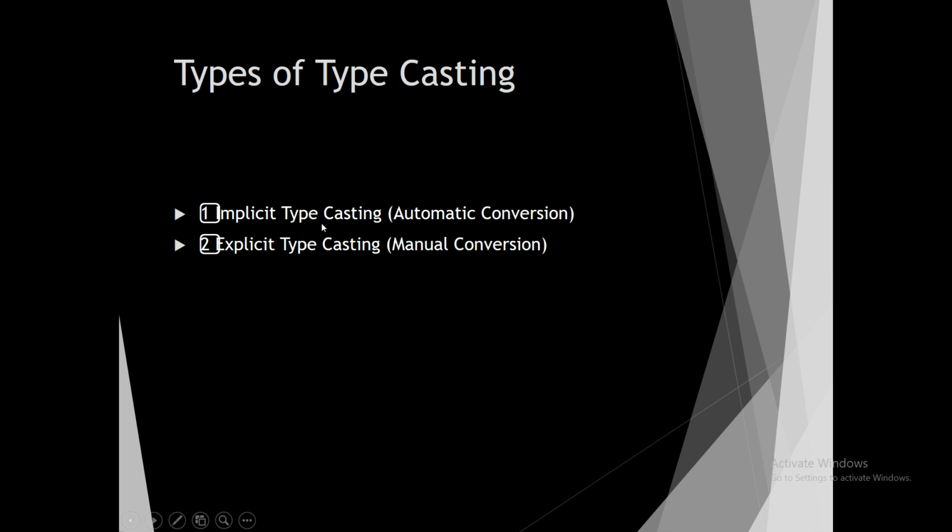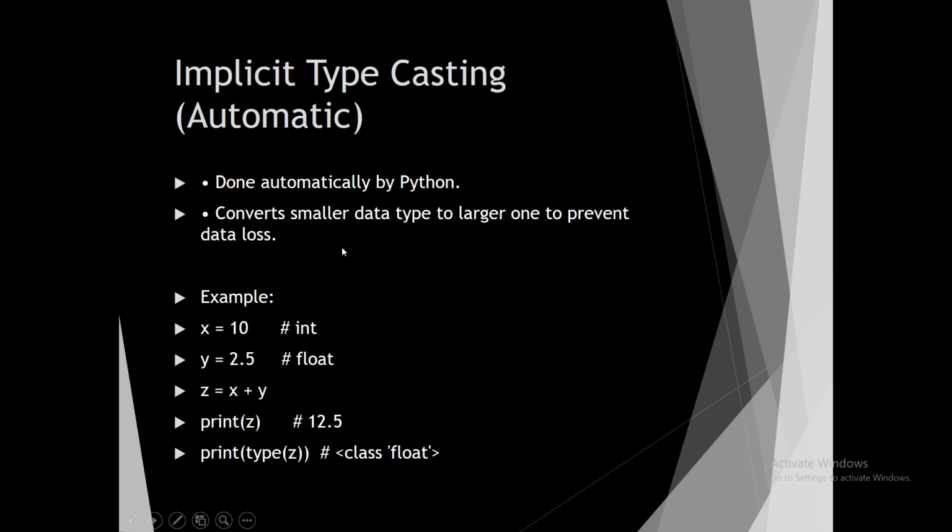There are two types of typecasting: implicit typecasting, that is automatic conversion, and explicit typecasting, that is manual. Implicit typecasting is done automatically by Python. It converts smaller data types to the larger one, to prevent data loss. Here you can see the example.